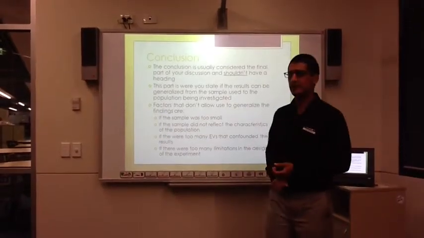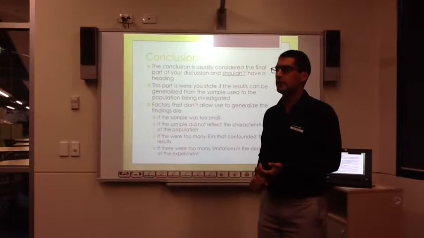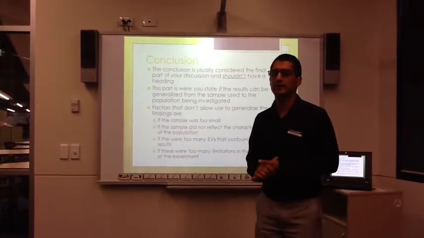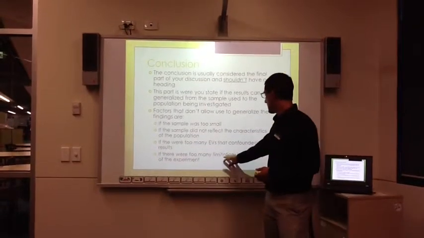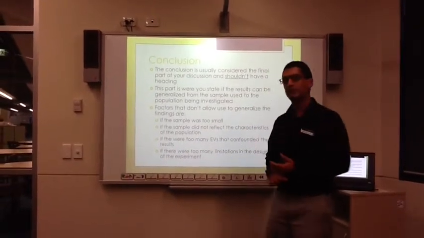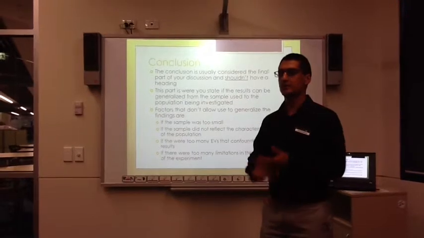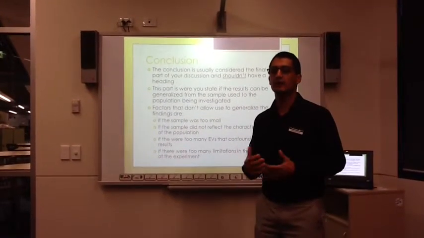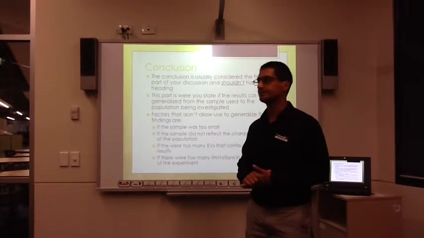The next point is about EVs. If there's a whole heap of EVs, if there's too many EVs, then we know that our DV has been confounded, our results have been confounded. And the last point is with limitations. If there's too many limitations, too many flaws in the design of your experiment, then you can't really generalise that to your population.